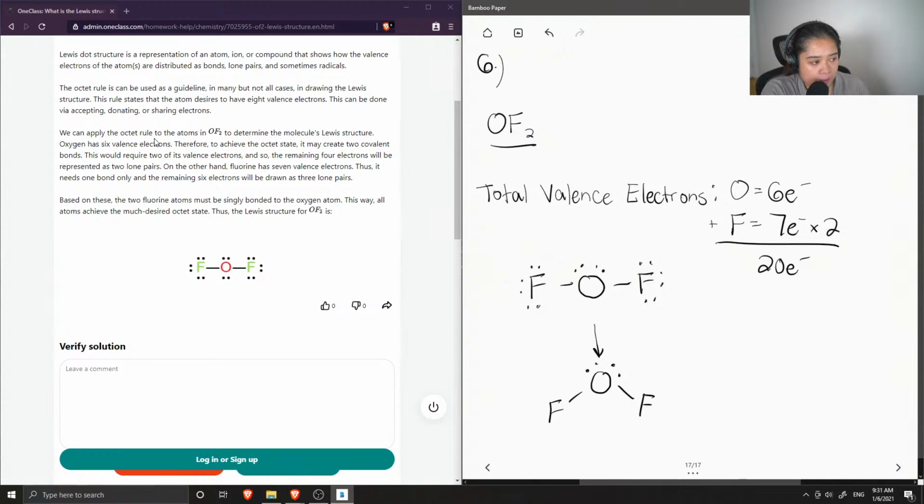We can apply the octet rule to the atoms in OF2 to determine the molecule's Lewis structure. Oxygen has 6, and therefore to achieve the octet state, it may create 2 covalent bonds. This would require 2 of its valence electrons, so the remaining 4 electrons will be represented as 2 lone pairs.